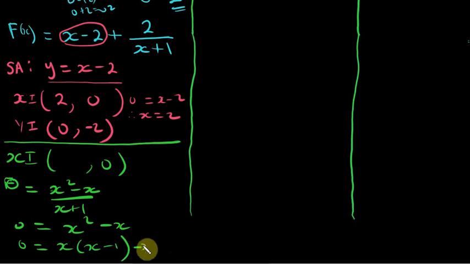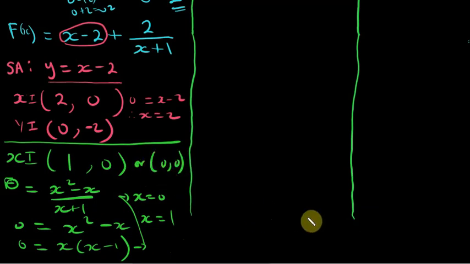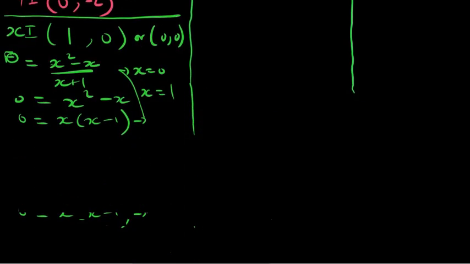Therefore, we found that x equals 0 and x equals 1. So x equals 1 or x equals 0. So there are two values of x.